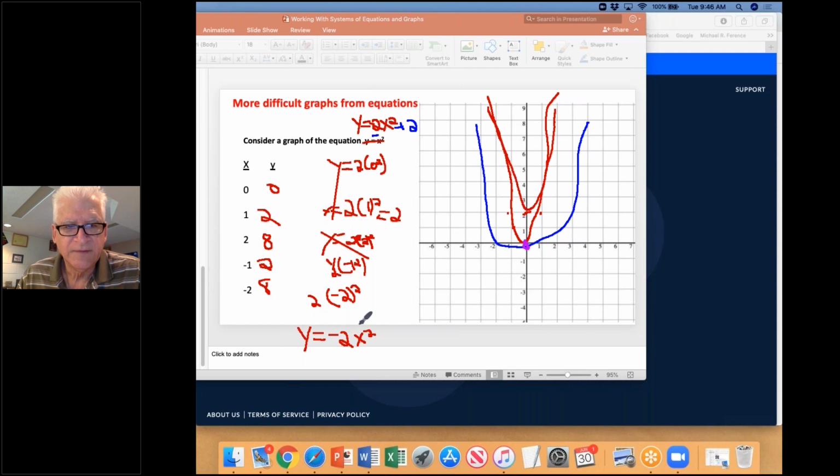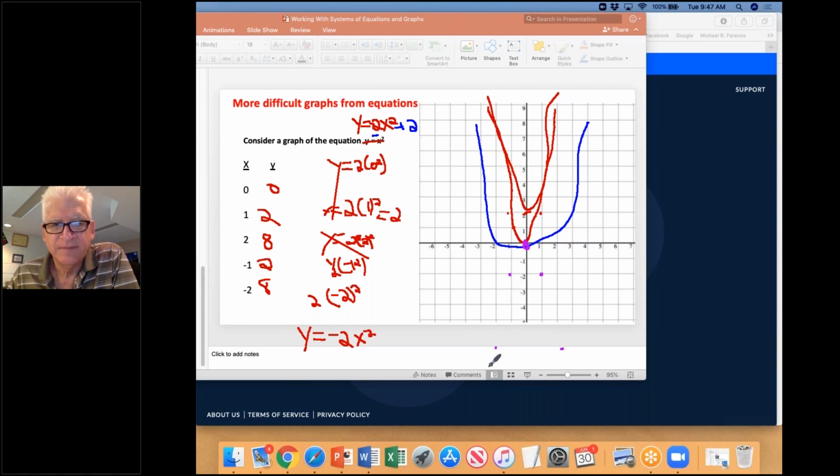If you plug the 1 in there, 1 squared is 1 times negative 2 is negative 2, so it would be 1, negative 2. And then 2 squared is 4 times negative 2 is negative 8, down here. Same for here. If I take negative 1 and square it times negative 2, I'll get negative 1, negative 2, and also negative 8.